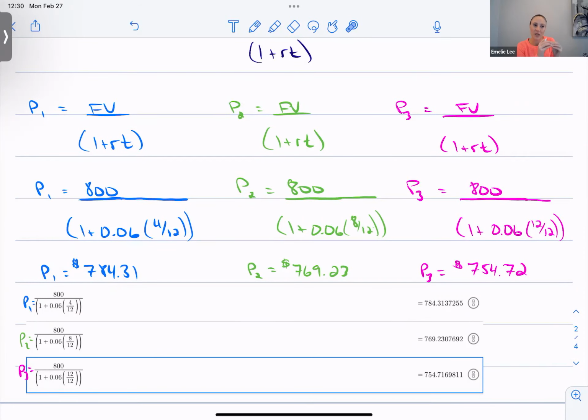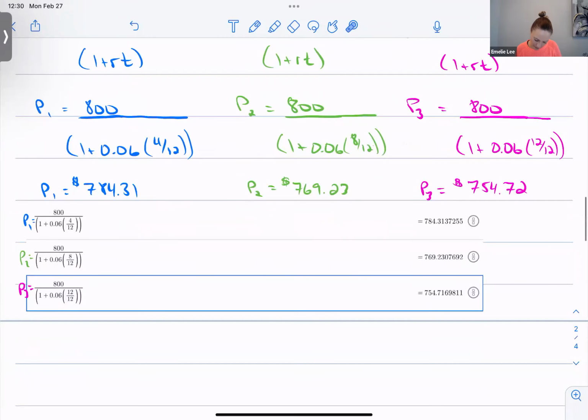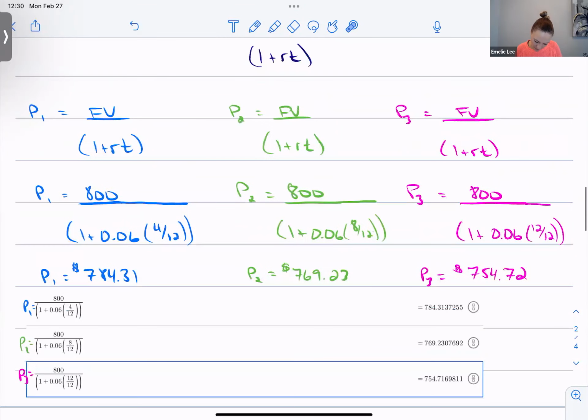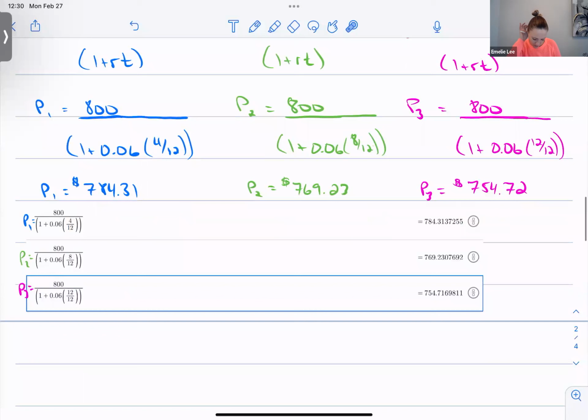We invest some smaller amount and it grows to a bigger amount. Or on the flip side, not as fun, I borrow some amount, but I have to pay it back with interest, which are all concepts that we know and don't necessarily love, but it is what it is.